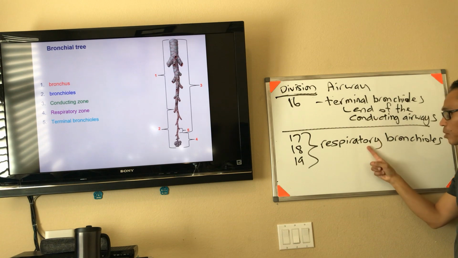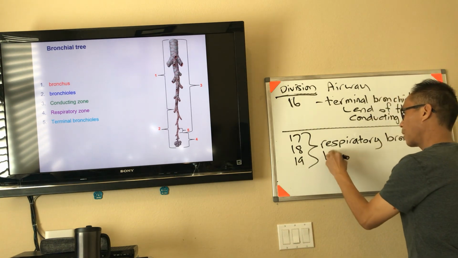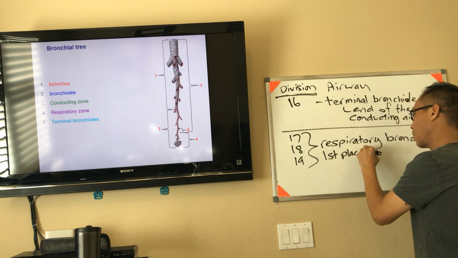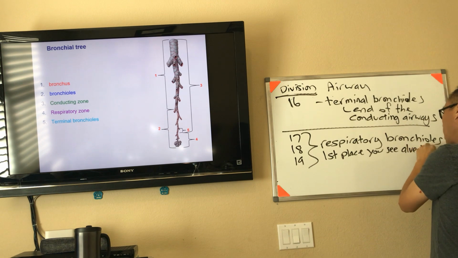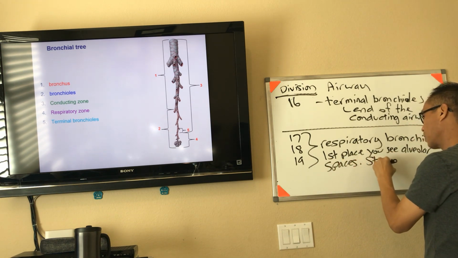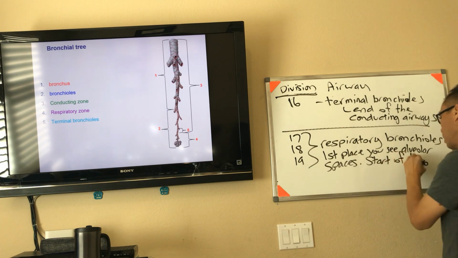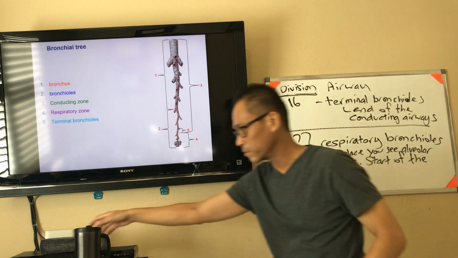The respiratory bronchioles is the first place you'll have alveolar spaces. So this is the start of the conducting zone. I'm sorry, the respiratory zone.